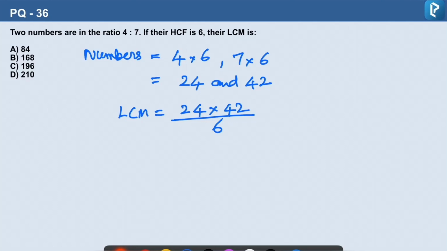Both ways you can find it. 6 fours are 24, so what is remaining? 4 into 42 is 168. So that is the LCM of the numbers, 168. Or directly you can find the LCM of 24 and 42 and you get the same answer. So the correct answer is option B.